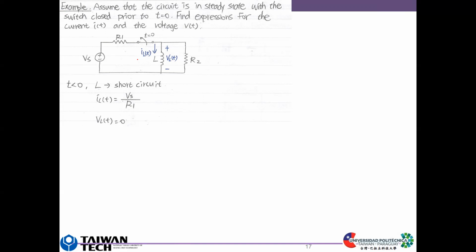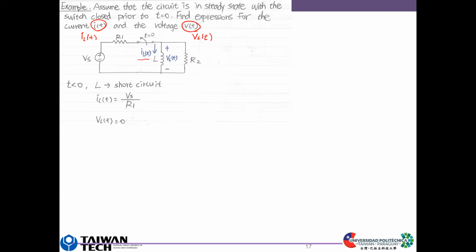So this is i_L(t), and the voltage is v_L(t).